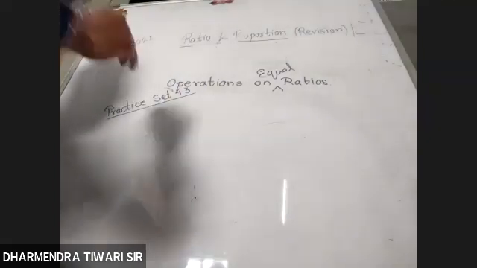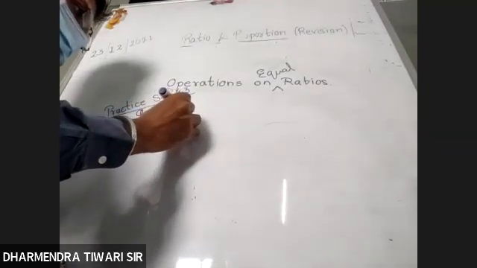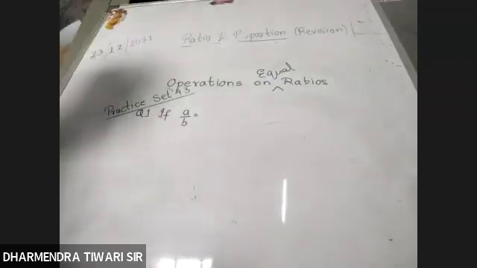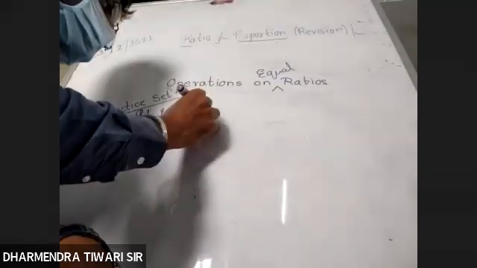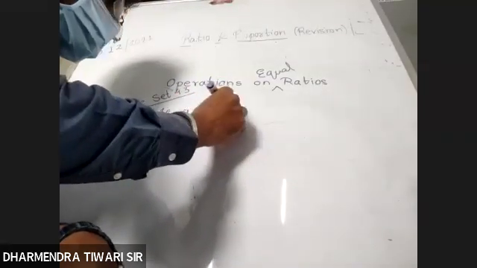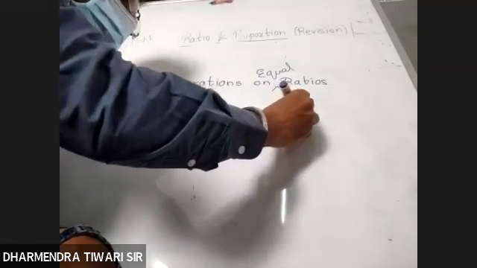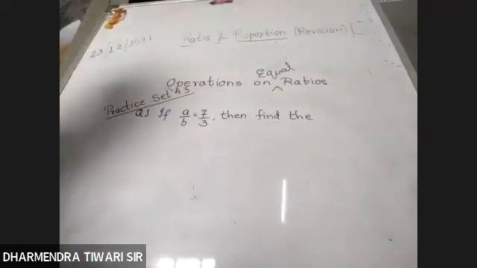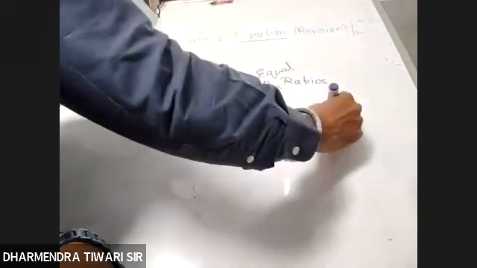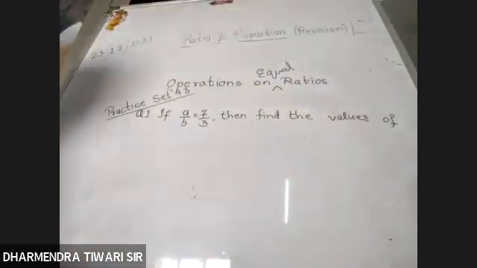First problem: if a by b is equal to 7 by 3, then find the values of the following. We have 4 sub-questions.